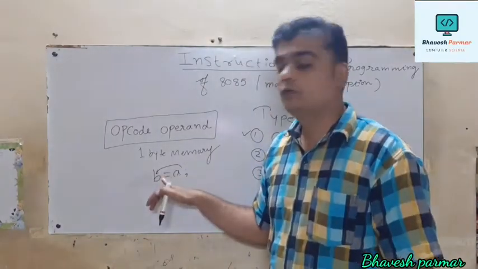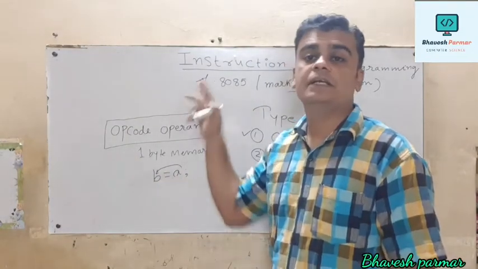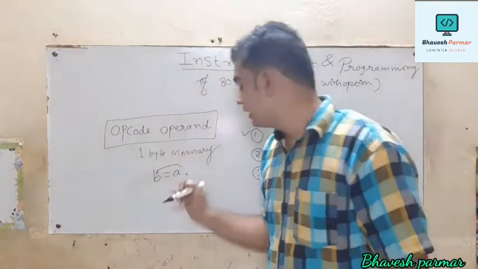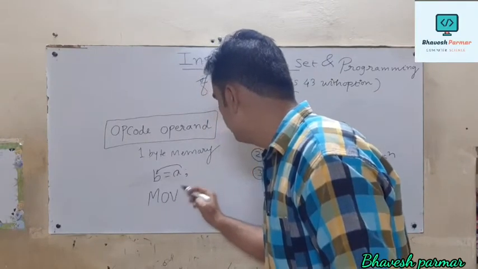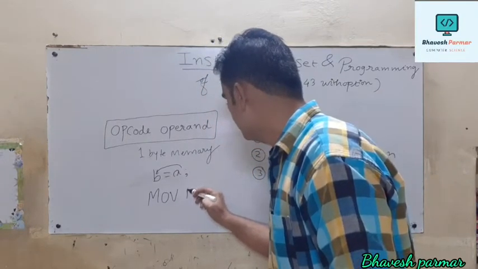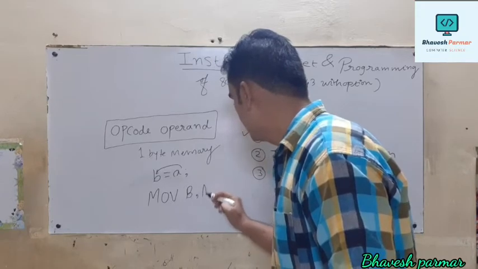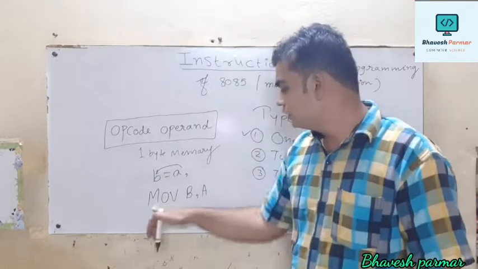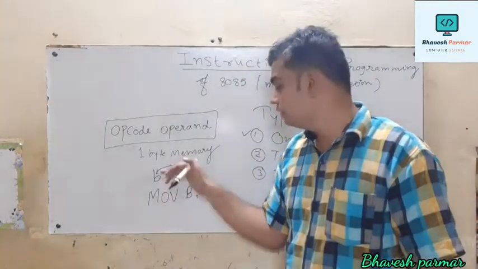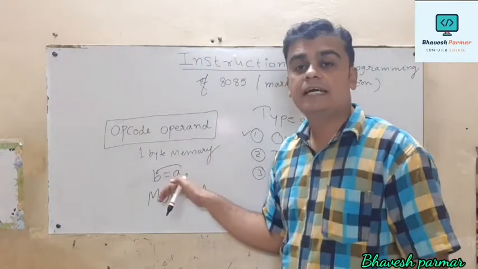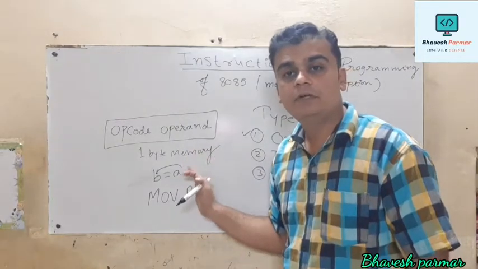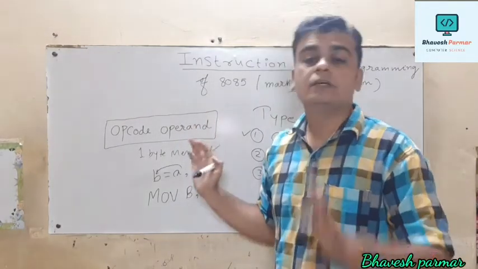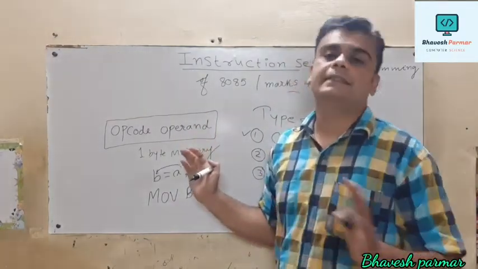If I write the same statement from the instruction point of view, I write MOV B comma A. Move means we are copying the data from the source to the destination.